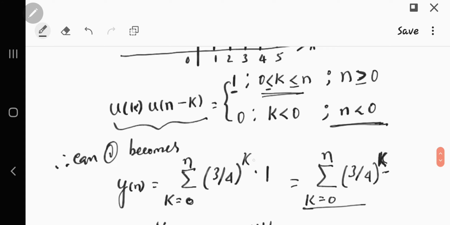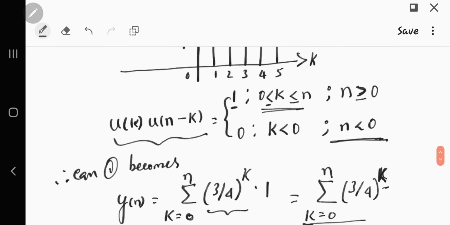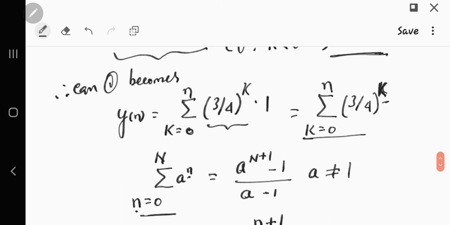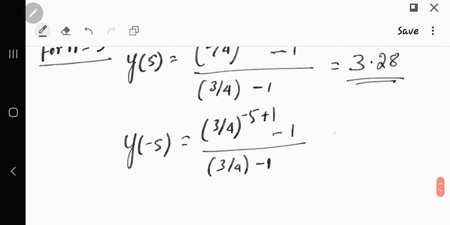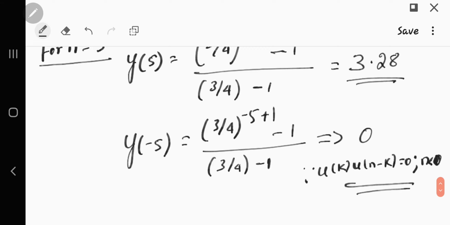Now if u of k, u of n minus k is 0, then 0 multiplied with this term will be 0 only. So for values of n less than 0, our y of n will also be 0 only. So for y of minus 5, you can simply write 0. Why is it 0? Because u of k, u of n minus k is 0 for n less than 0. So you can justify your answer like this.